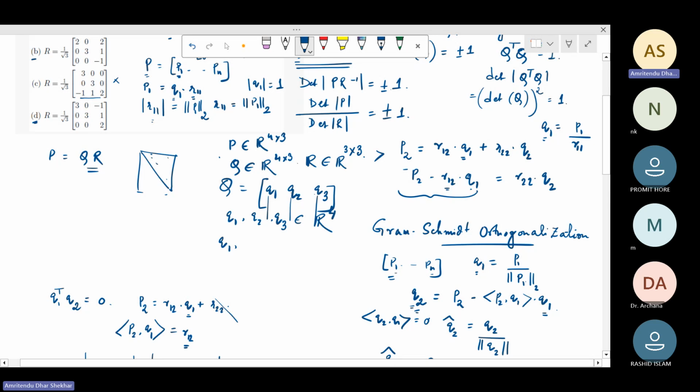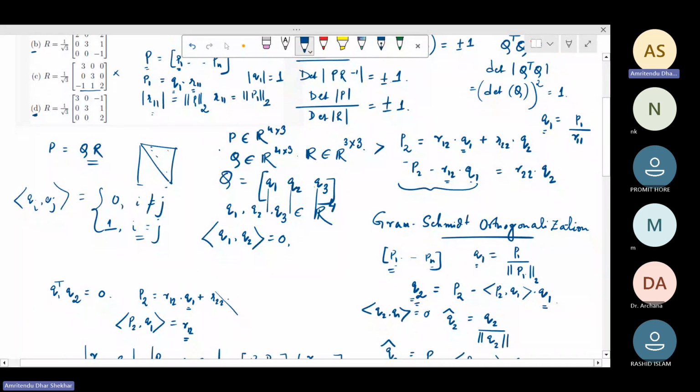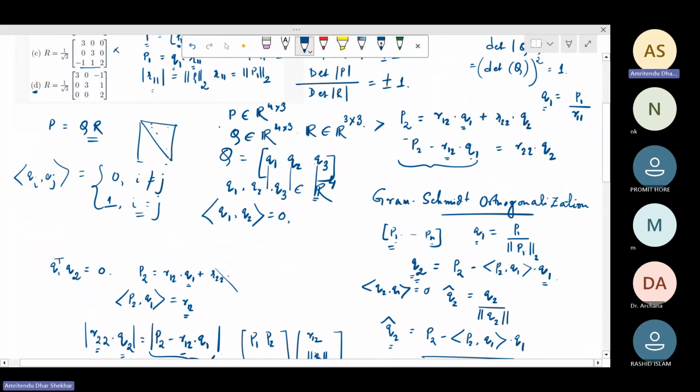So Q1 inner product with Q2 is equal to 0, and likewise, they're all mutually orthogonal to each other. So basically, Qi inner product with Qj is equal to 0 if i is not equal to j, and equal to 1 if i is equal to j, right? So this is one constraint, and using this constraint you have to basically solve for this thing.